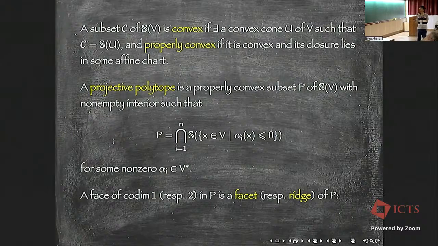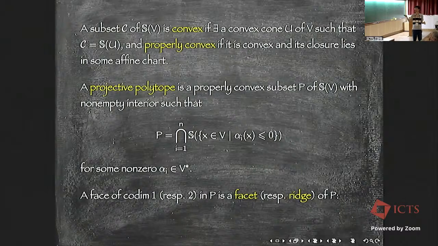Then the polytope is simply a properly convex set with non-empty interior, such that we can describe this polytope as an intersection of half spaces. Here alpha i is a linear functional, so alpha i of x less than or equal to 0 is a half space. I take the intersection of the half spaces, which gives some cone, and then I take the projectivization.